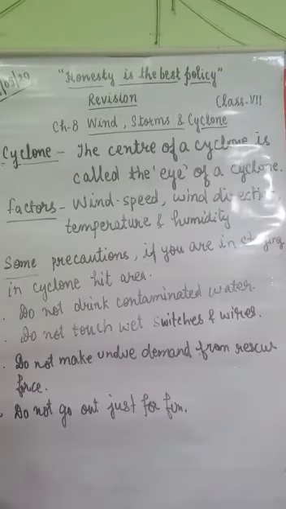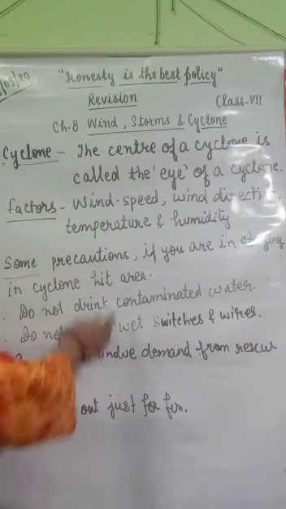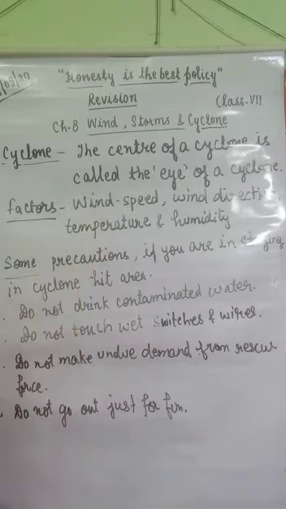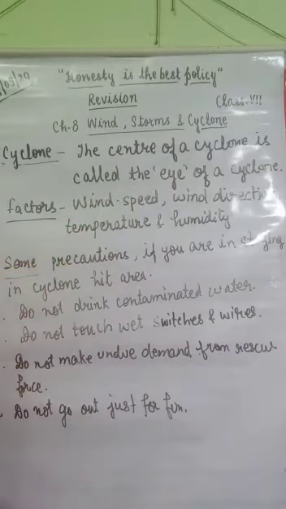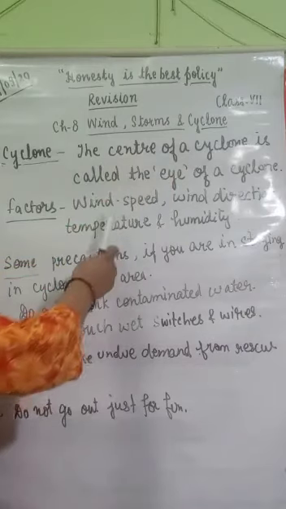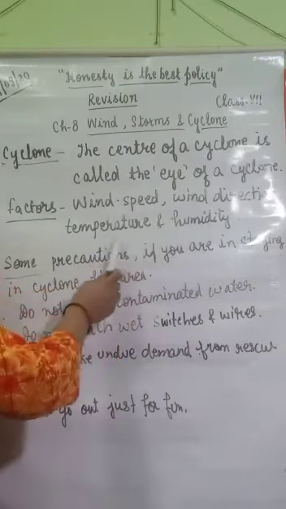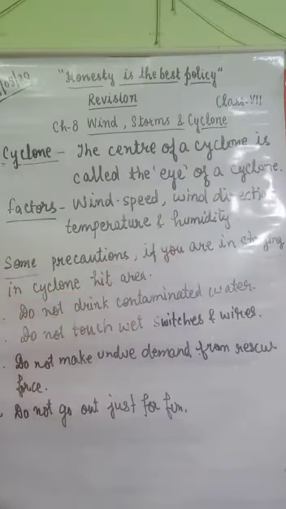The other condition is cyclone, which is caused due to very high speed winds around a central area having low pressure. The center of a cyclone is called the eye of a cyclone, and the factors which affect the cyclone are wind speed, wind direction, temperature and humidity. A cyclone is a huge revolving storm over the ocean.